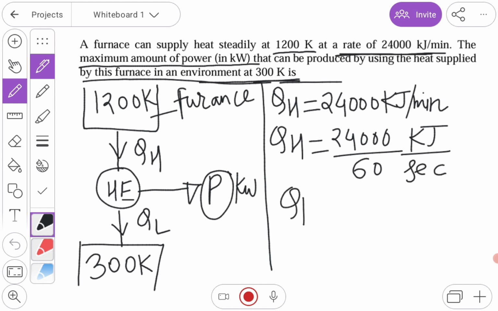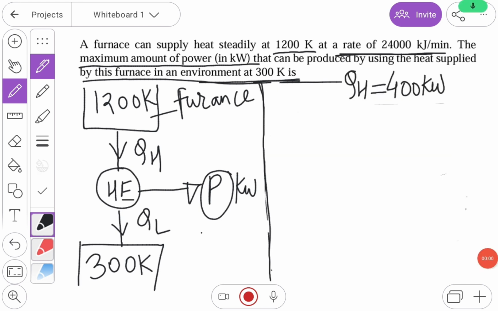So QH will be equal to 400 kilojoule per second, which is kilowatt. So for this numerical, we know that the furnace is supplying heat which is 400 kilowatt to the heat engine.